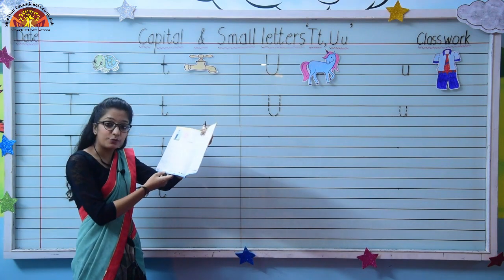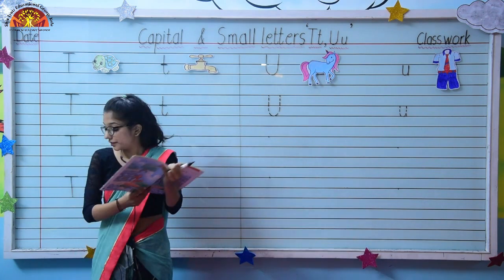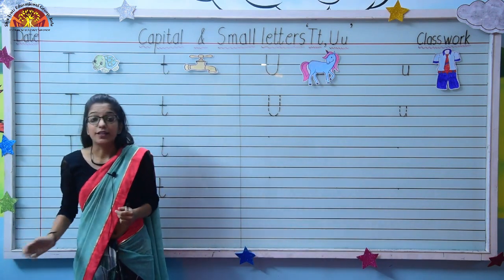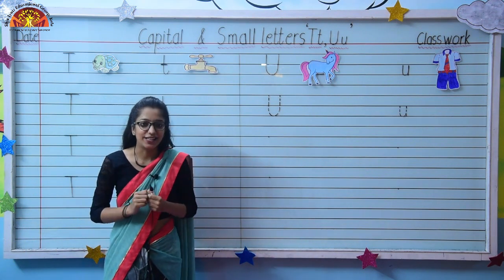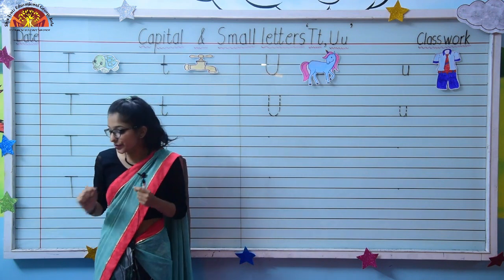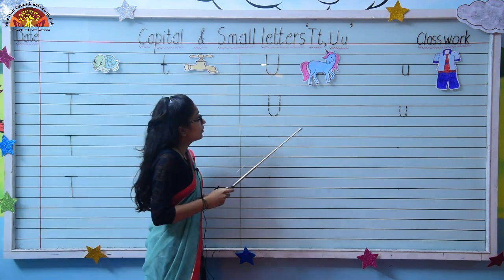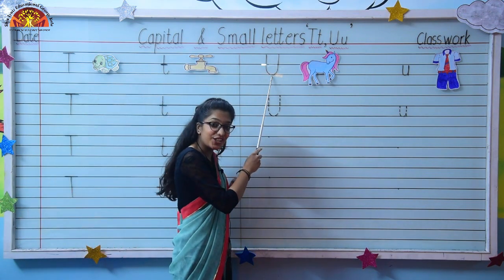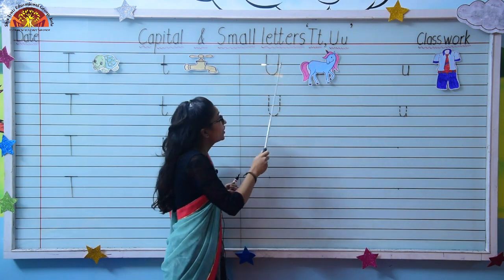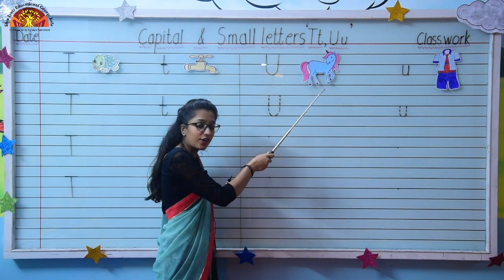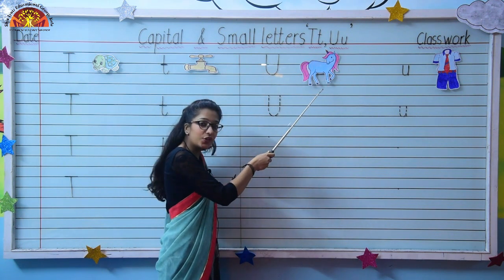Parents are requested to mention the date here. Now let's see some pictures related to capital and small letter U. This is capital letter U and this is small letter U. U for unicorn.